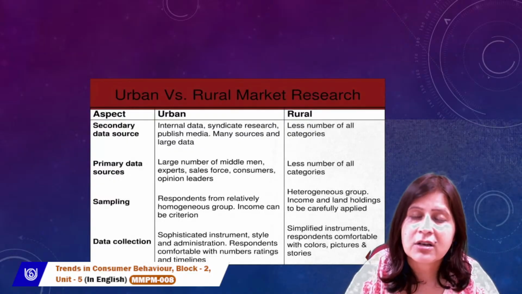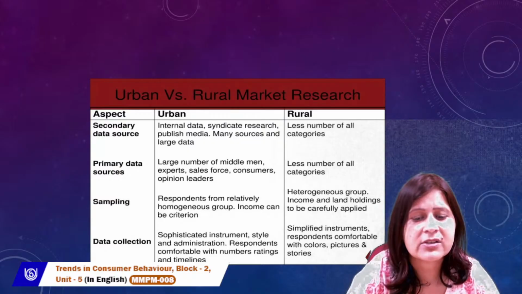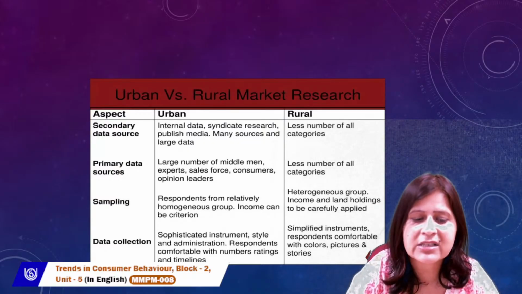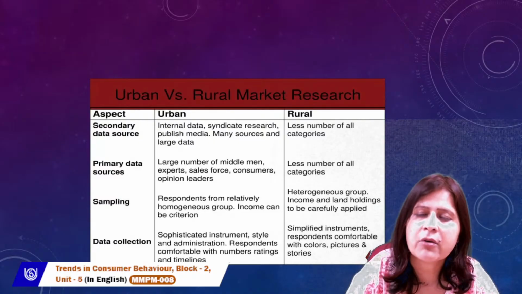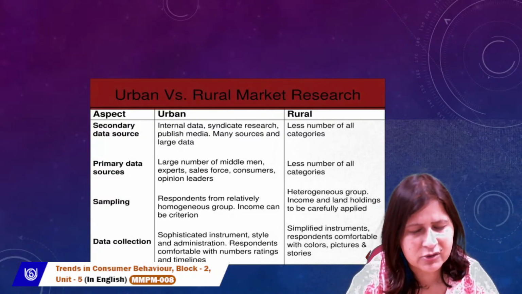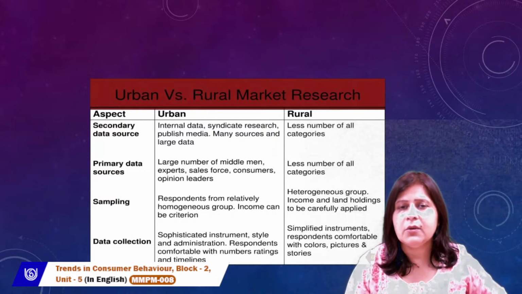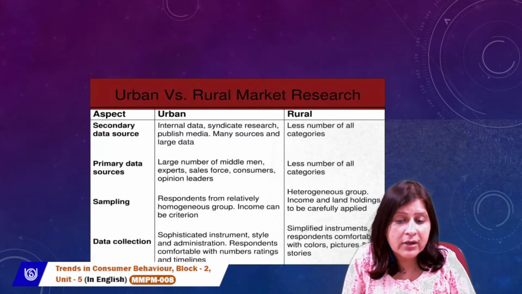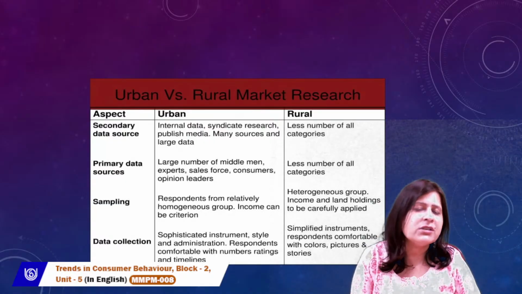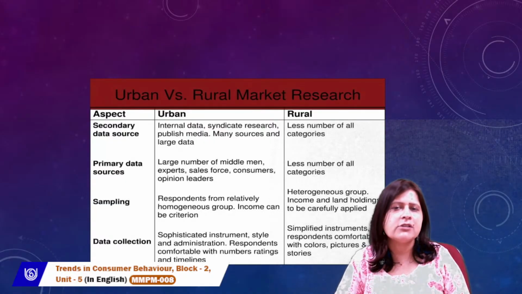Then data collection. In urban areas, sophisticated instruments like styles and administration can be used, with respondents comfortable with number ratings and timelines. So you can use sophisticated instruments to collect the data. While in rural areas, the instrument should be simplified because of the low literacy rate.